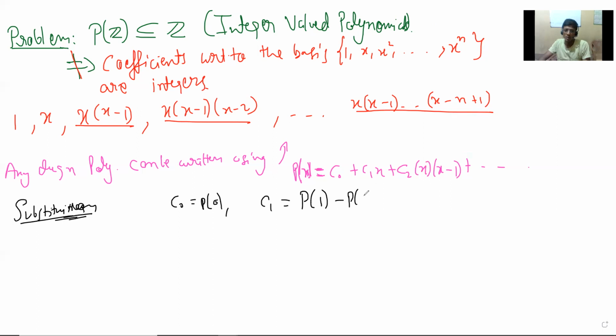P of 1 minus P of 0. And then you see C2. Right, it is extremely simple, right? It's not difficult, right?